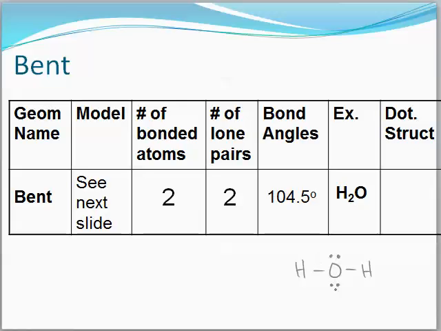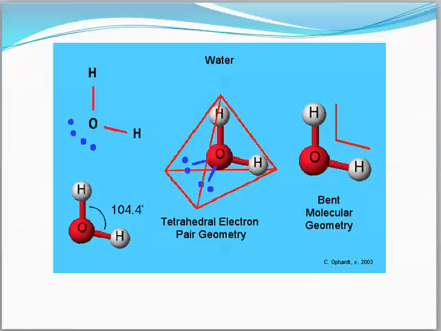So again, we have 4 regions of electrons, and those 4 regions are going to take that tetrahedral shape, but this time 2 of them are lone pairs. Here we can see those electrons taking that tetrahedral shape, but because these 2 are lone pairs, our overall compound ends up having a bent shape.